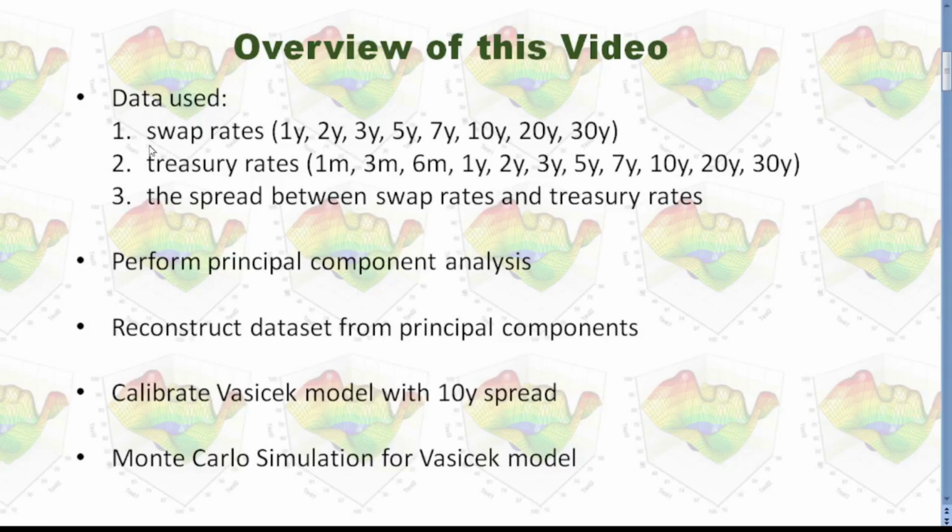When I use the swap rates data, I have swap rates with 8 different tenors. We can consider each tenor as one dimension. So when I have 8 different tenors, we have 8-dimensional data.